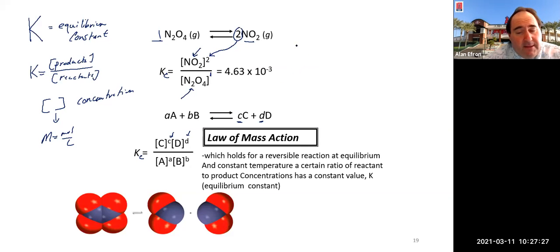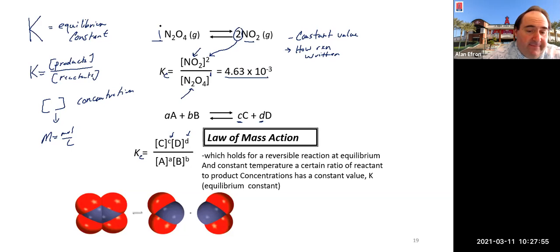Now, equilibrium constants are what it sounds like. They are constant values, that relationship of products to reactants, but they are constant for a couple of situations. First off, the value is constant for how the reaction is written. When you see an equilibrium constant value, like this number here, it is specific for exactly how this reaction is written, with the N2O4 on the reactant side and the NO2 on the product side.